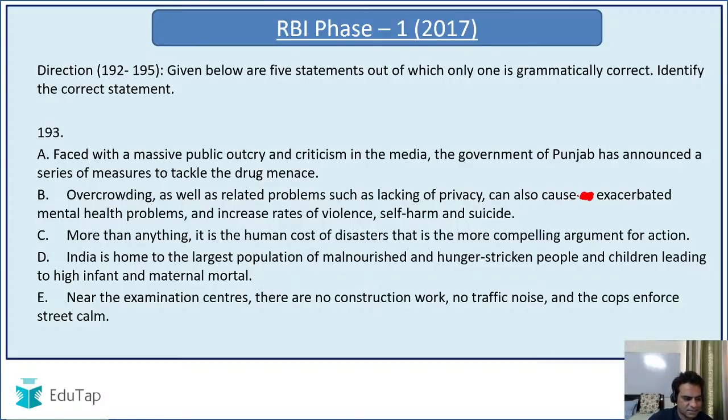So I think, guys, let's see what your answer is. All right, has everybody finished? I think I've found my answer. Option number B: overcrowding as well as related problems such as lack of privacy.